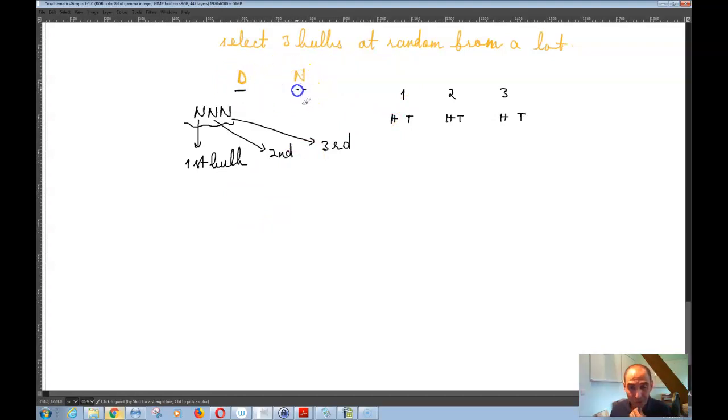We have called them D and N. So instead of H and T, you can simply write D and N. So the first time that you pick a bulb, you get either D or N. The second time you get either D or N. And the third time you get either D or N. So again, it's the same problem, and you can use the same method that you used to solve the problem that you solved before.